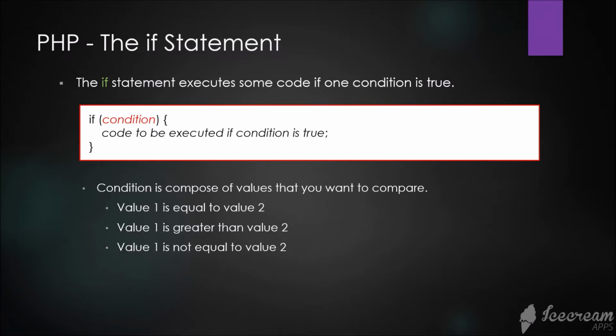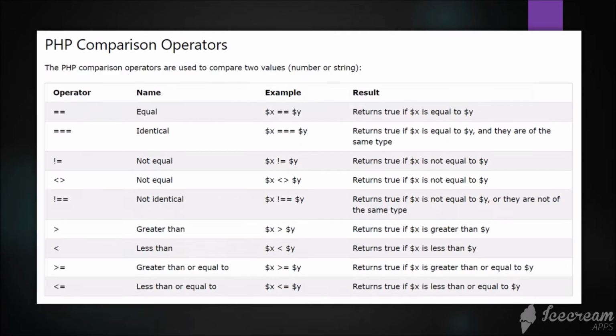So let's have a quick review of the comparison operators. These are the so-called comparison operators. If you already watched our video that talks about PHP operators, I'm sure you already know what these are. Okay? So we have here the double equal, named equal, which tries to compare both values.